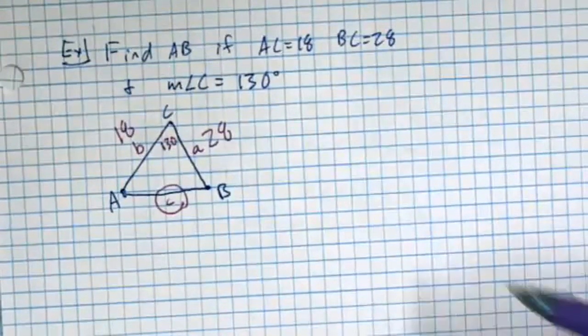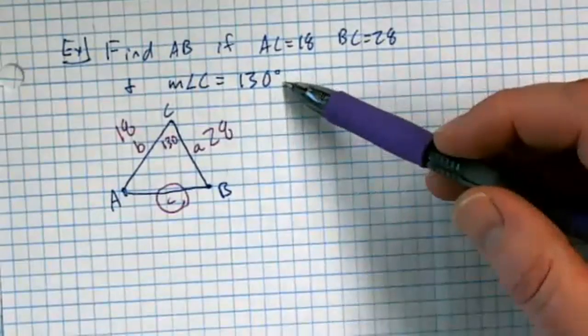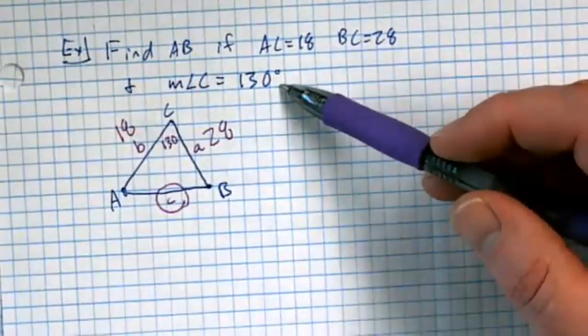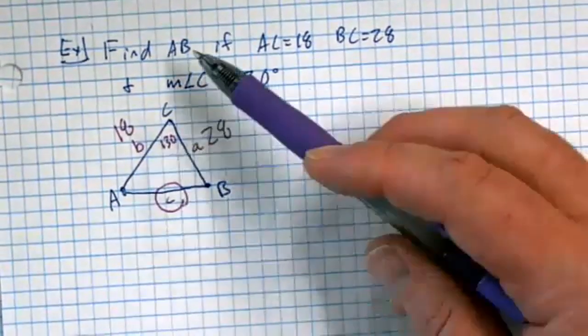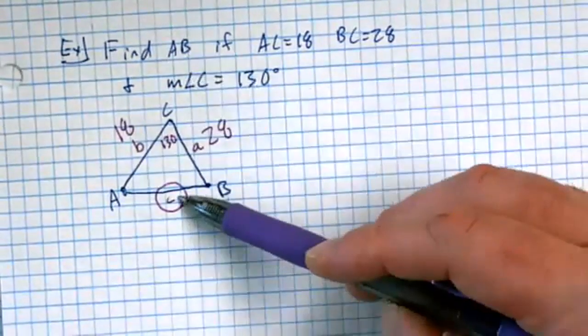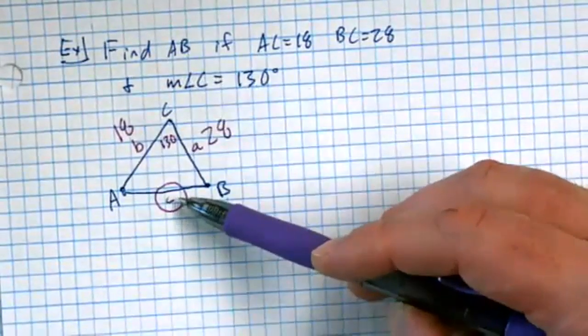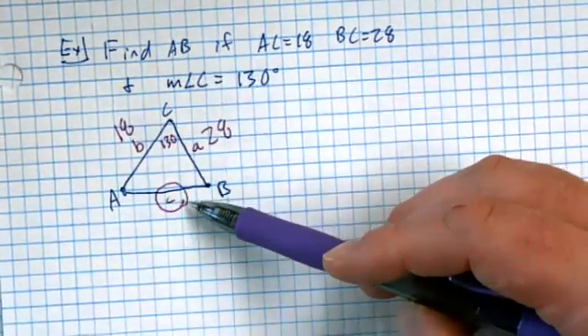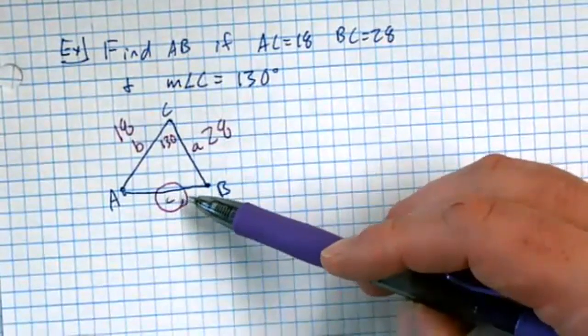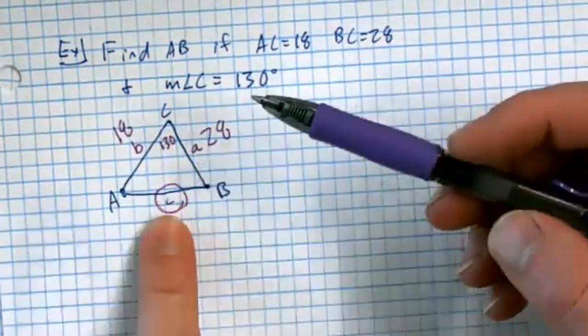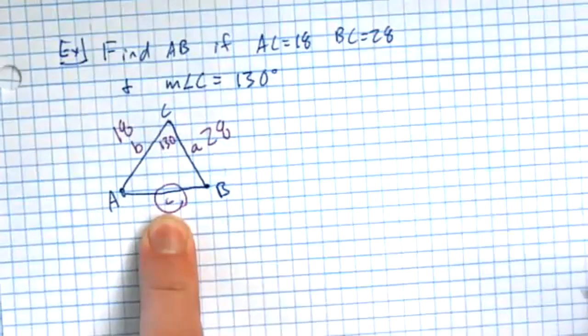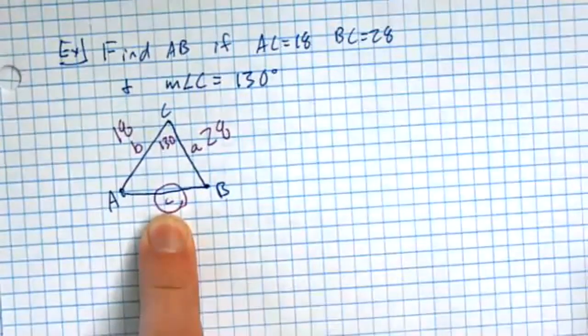Angle C is 130. So we've got angle C, but they're asking us to solve for little c. They're asking us to solve for side AB, which would be little c. A lot of letters here. Are we feeling okay about what they're asking us to do? All right, so I know from experience that if we're solving for c, we want to use the version of law of cosines that starts with c.